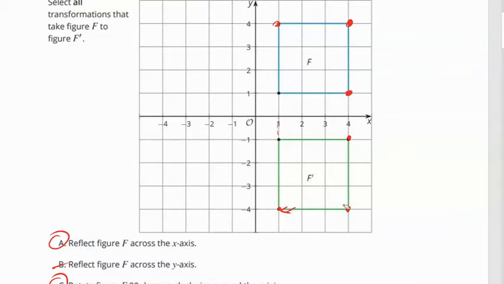All right, option D. What do we have? Rotate figure F 180 degrees counterclockwise. So the reverse of a clock. Well, if we do that, and we're rotating around the origin again, which is right here, 0, 0. If we rotate 180, here's 90, right?